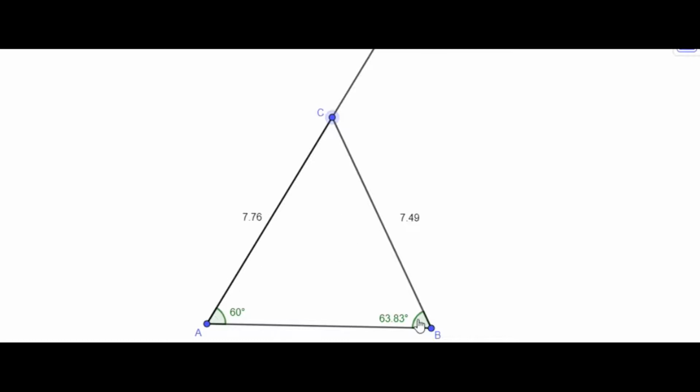The vertex which has a greater angle, the side opposite to that is going to have a larger length. Is that always the case? Well, let's increase it. Yes, now the side AC is always going to be larger than side BC, because as we keep increasing the angle, this side is also increasing, but at the same time this is also increasing.